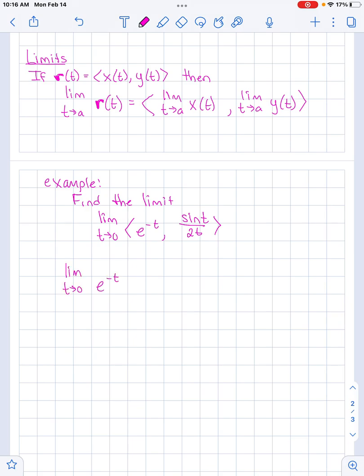So the limit as t approaches 0 of e to the negative t. Since that's e to the negative t, I can think about this as 1 over e to the t power.